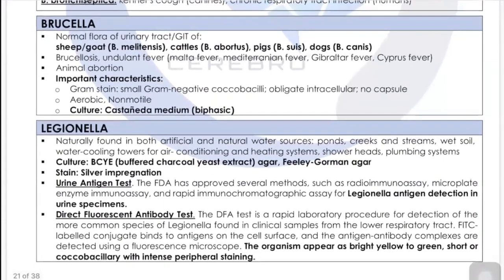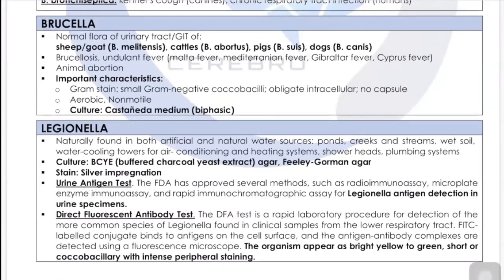Next, we have Brucella. Okay, so Brucella, traditionally, is a causative agent of an occupational disease among livestock handlers. Okay? However, today, the common manifestation of Brucella infection is a foodborne infection, usually because of unpasteurized dairy products.